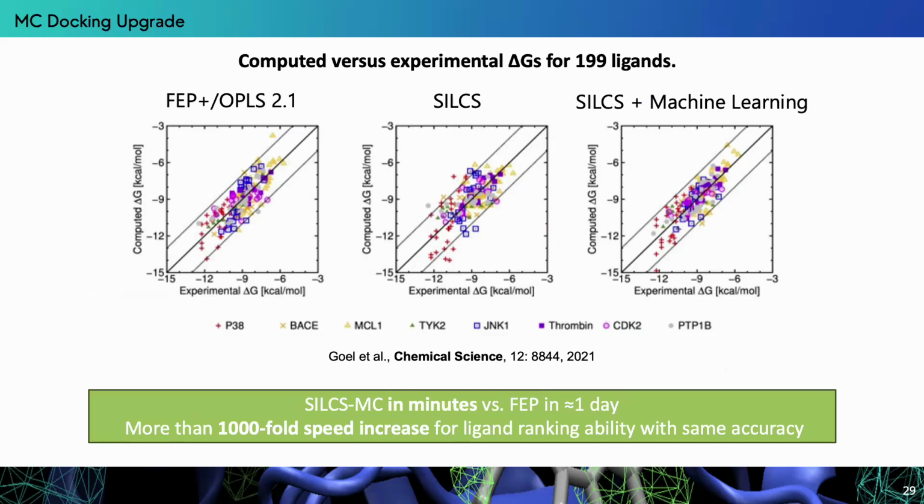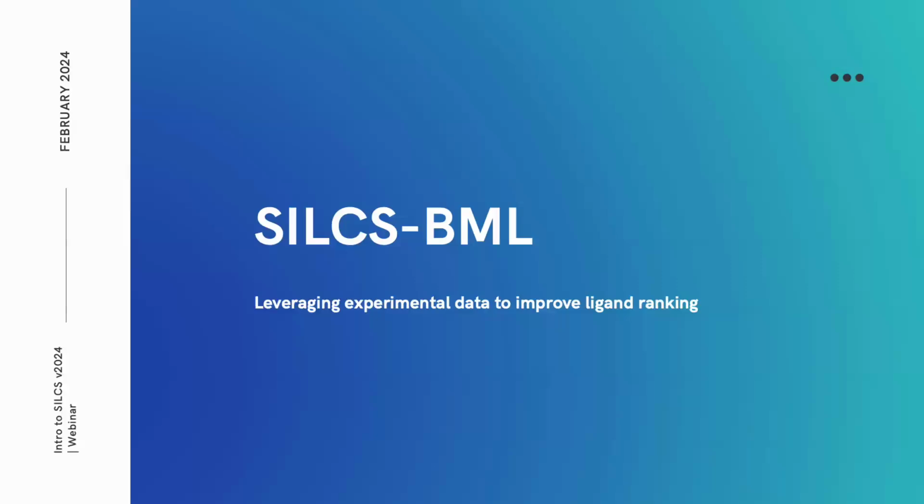Combined with Bayesian machine learning, as in the Ge paper published in 2021, the SILCS methodology can achieve similar free energy results as state-of-the-art FEP tools. SILCS-BML, where BML stands for Bayesian machine learning, is our next major addition that allows leveraging experimental data to improve ligand ranking.